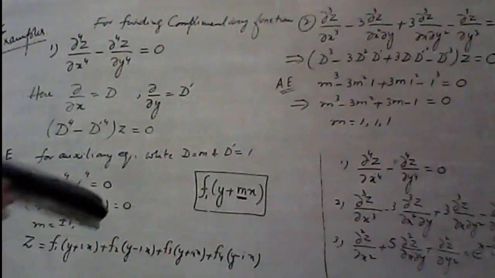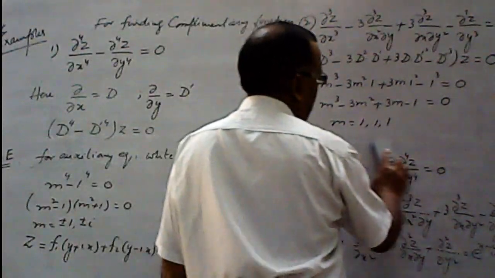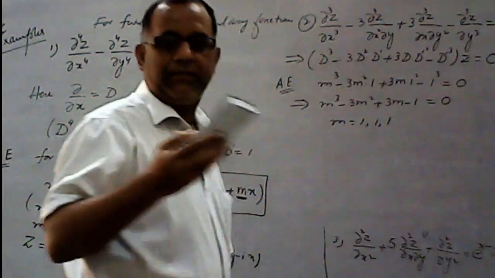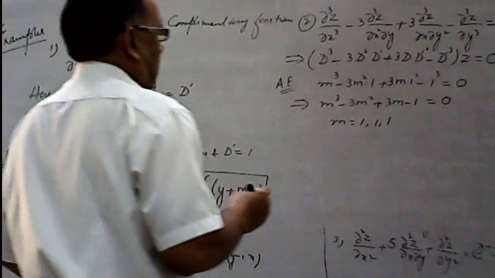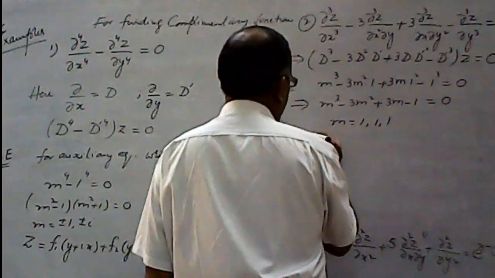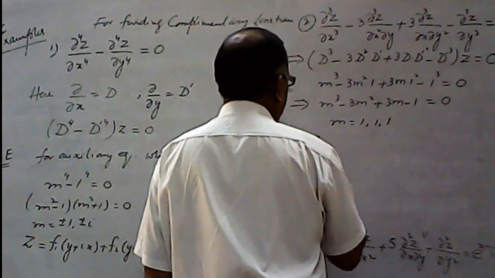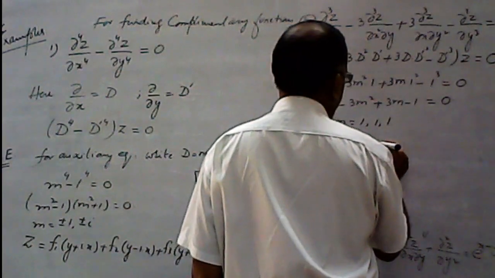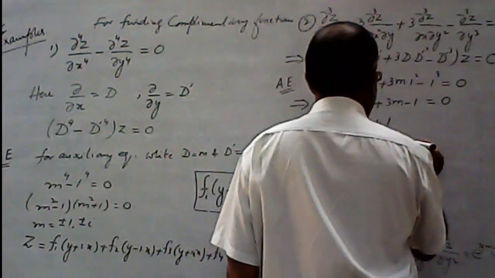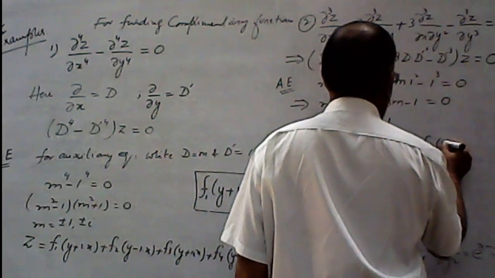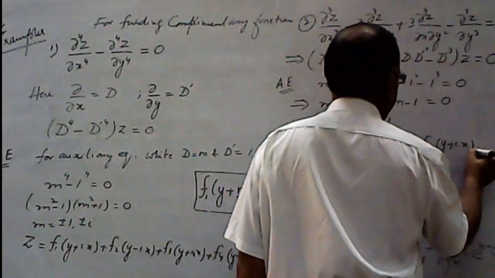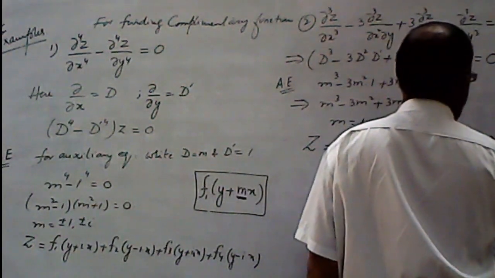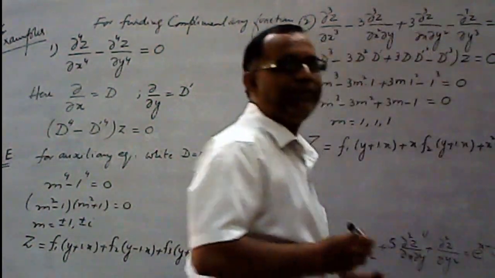So now I am telling you the way to write repeated roots. It is almost the same idea as we did in higher order ODE: F1(y plus 1 into x) plus x F2(y plus 1 into x) plus x square F3(y plus 1 into x).